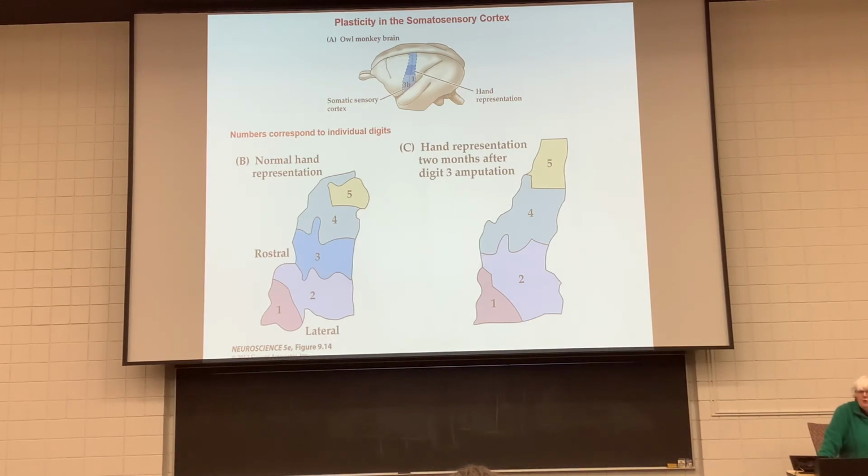Basically, they take over that area that digit 3 used to go to. And yes, they would be more sensitive. Again, that's a manner for compensating. If I lose this one, these two can take it over and become even a little bit more sensitive.